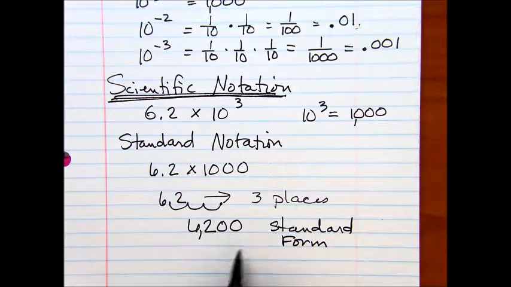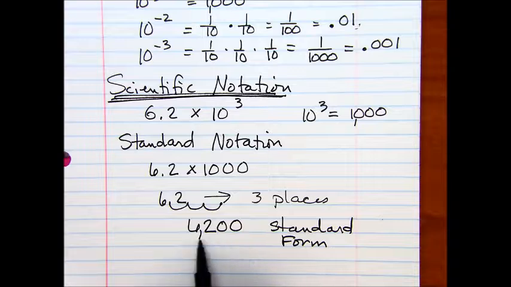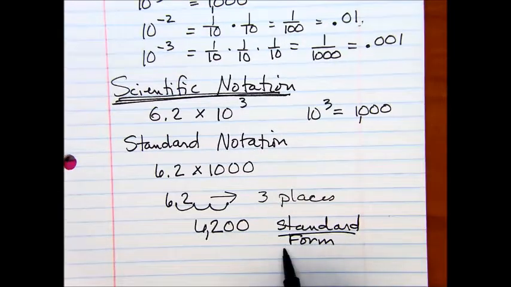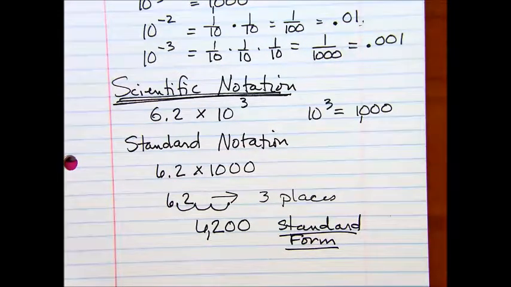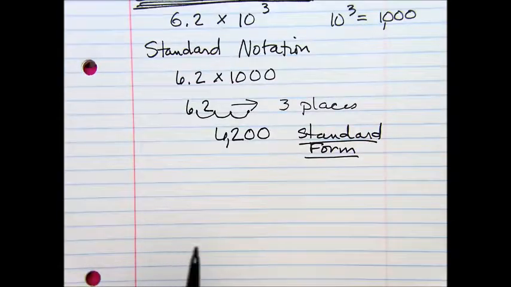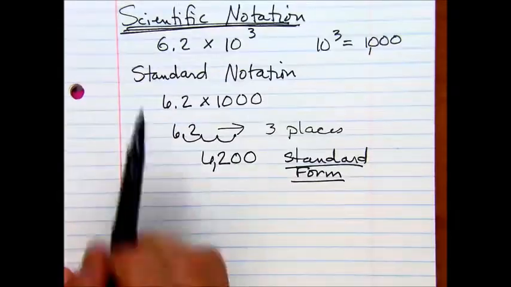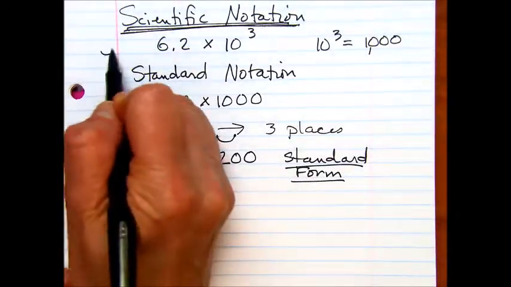When it's written without the times 10 to whatever exponent, then it's called standard notation or standard form. So we're going to do some problems relating to scientific notation and standard notation. Now, this 6.2 was just an example, okay?